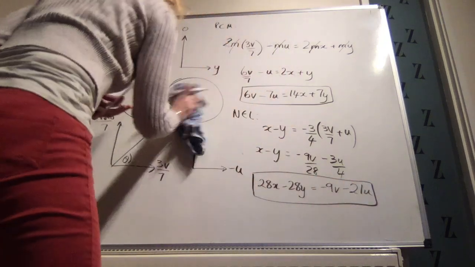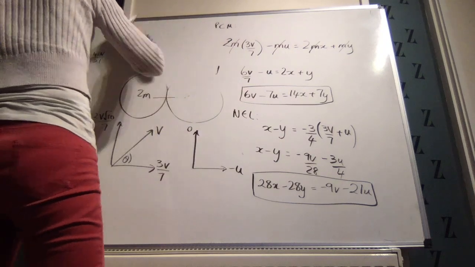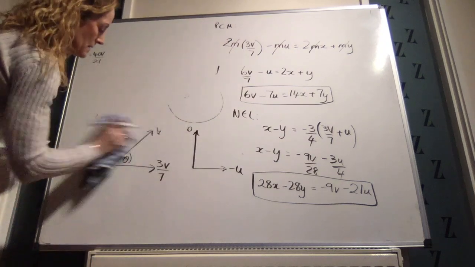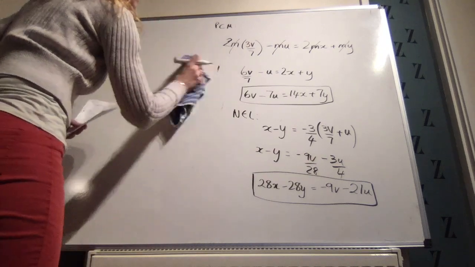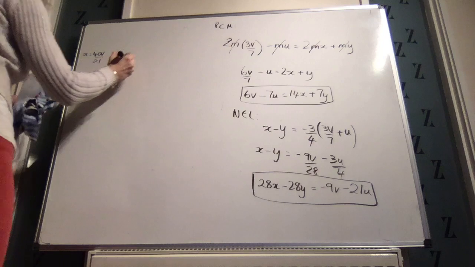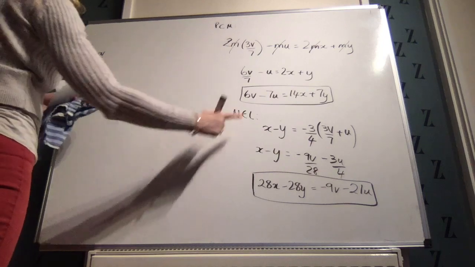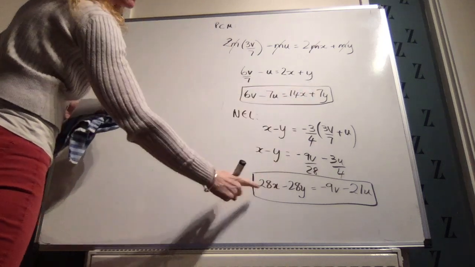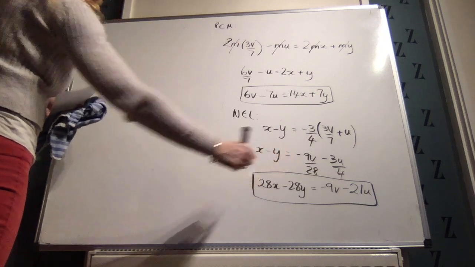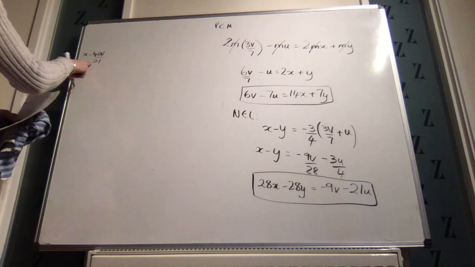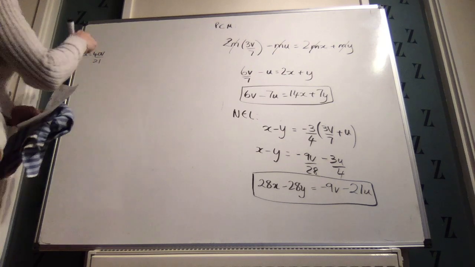Okay, so now I'm going to rub this out. So we have a 14x and a 7y. We want to get an expression for x in terms of v and u, and then we have an expression for x here in terms of v, so we will combine those.